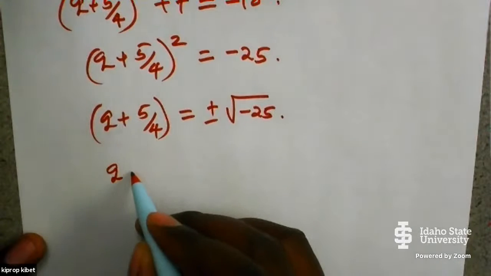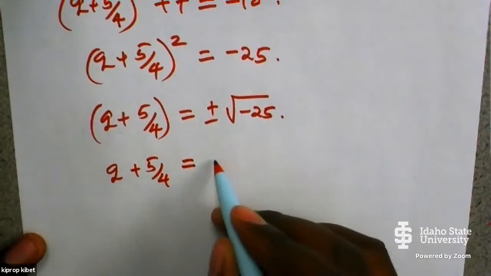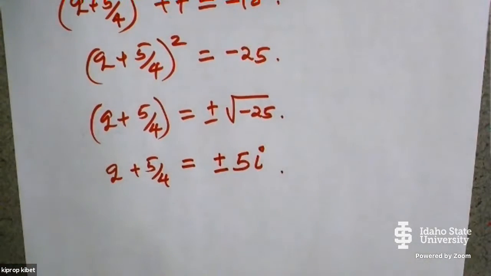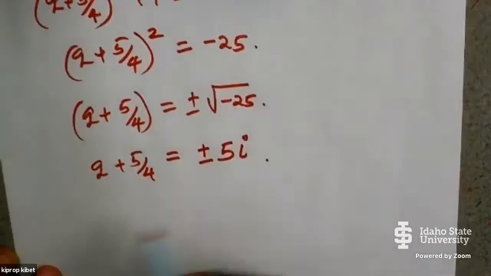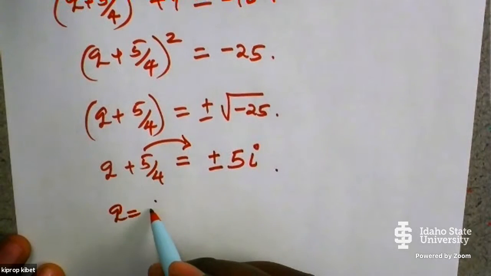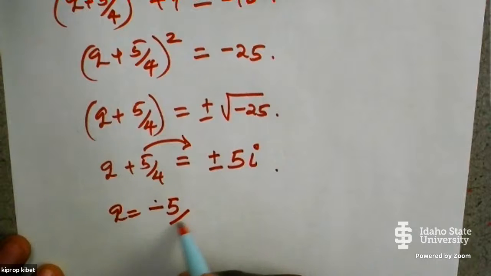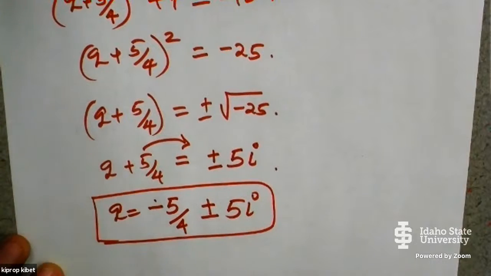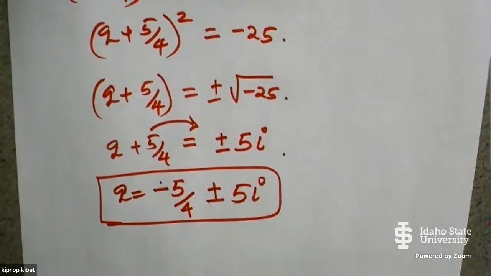So basically this is q plus 5 all over 4 equals plus or minus 5i. So therefore, take this to the other side. So q equals, when you take this one here, then it becomes minus 5 all over 4 plus or minus 5i.